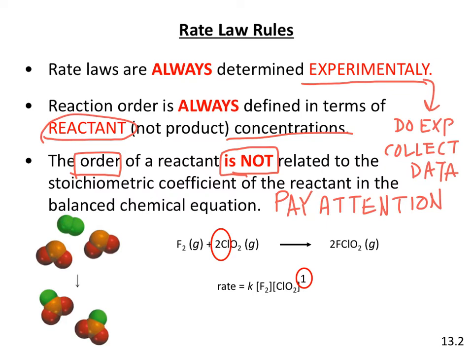Here we have some reactants, and we have products, and the rate law is going to be, so this was F2, and this is ClO2. And so we'll say the rate is equal to our rate constant.